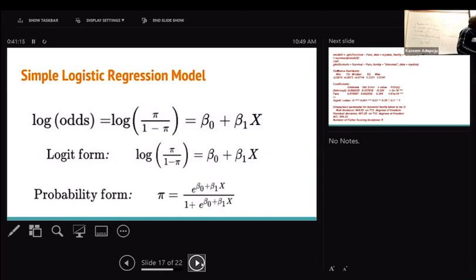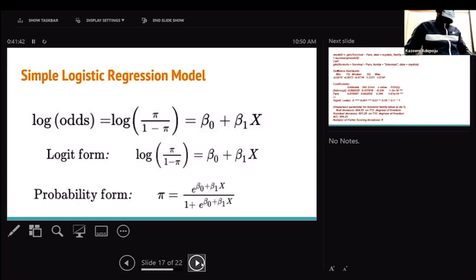Now, there are 2 ways we can write logistic regression. In logit form, which is the log of pi over 1 minus pi equal to that, or in probability form, which is pi equal to that. So we got 2 ways of writing the logistic regression model.